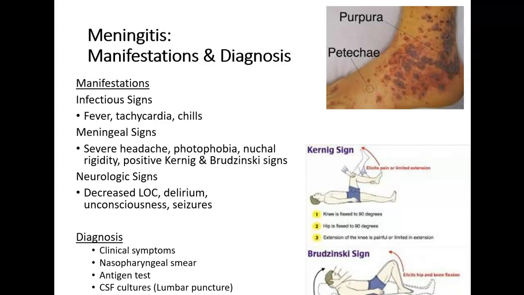And then as kids or people get really, really sick, you will see purpura and petechiae, which we've already talked about a little bit. This is the body's way of trying to wall off this bacteria by sending platelets and other clotting factors to surround it.